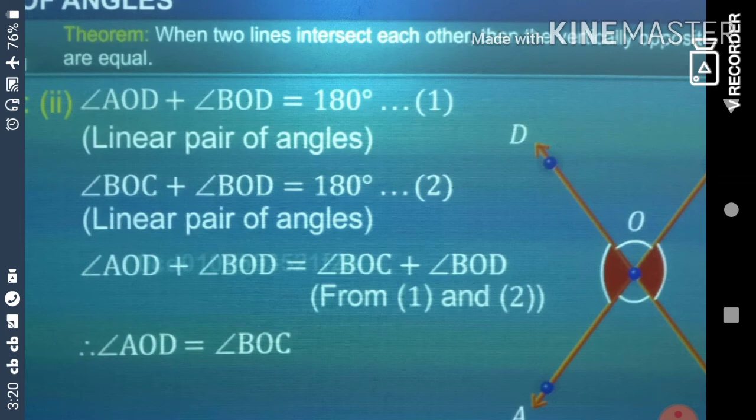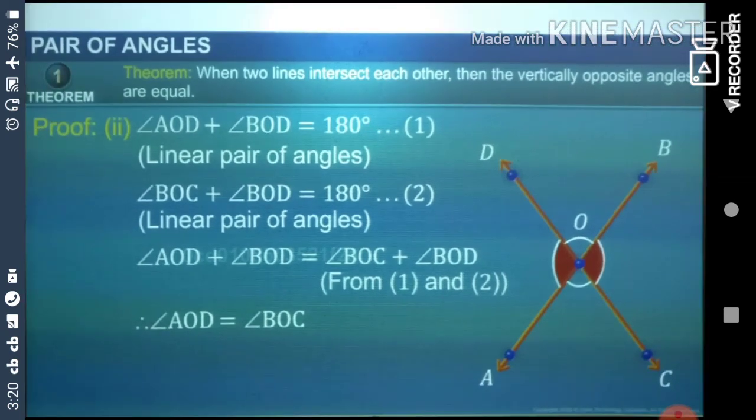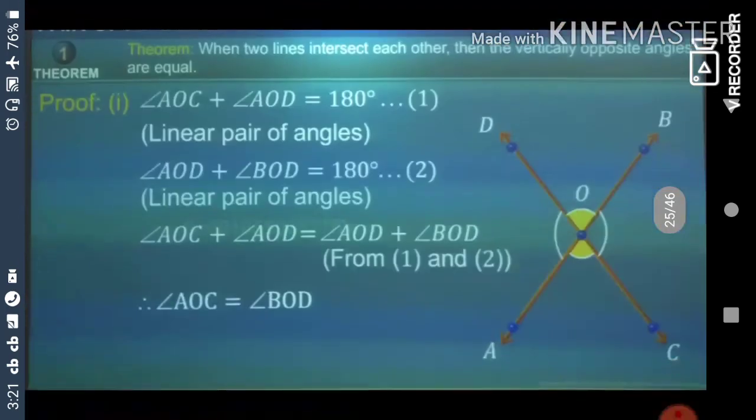So by using the properties of adjacent angles and linear pairs, we have proved that if two lines intersect each other, the vertically opposite angles formed are equal to each other.